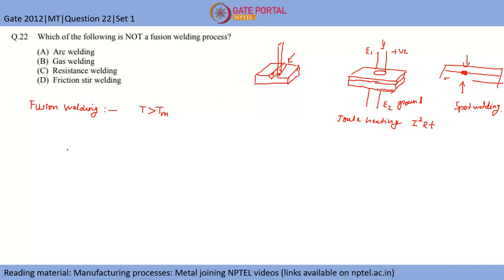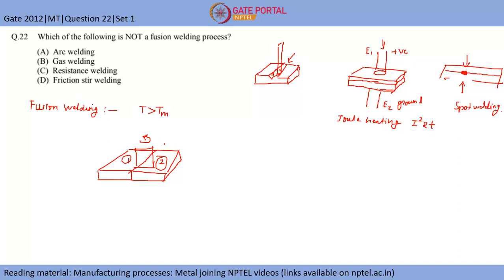Now coming to the fourth thing, which is friction stir welding. Let's say I have two metal workpieces that I need to join. This is 1 and this is 2. I will have a die, which I will put on this interface and rotate very fast.